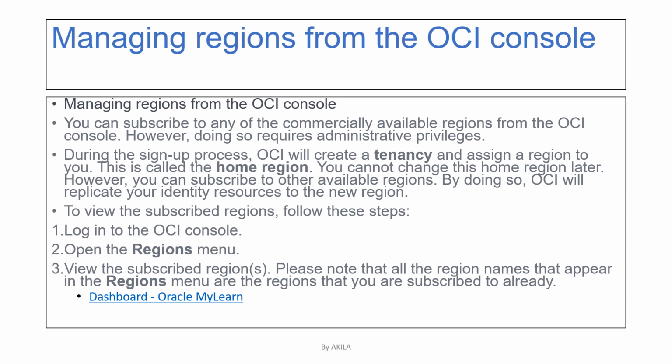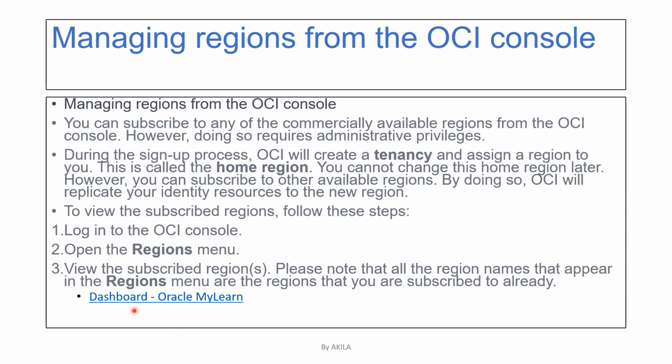To view the subscribed regions, we need to do the following steps. Log into our Oracle Cloud Infrastructure Console, and then open the regions menu, and then we can view the subscribed regions. We also need to check whether our region is available or not.